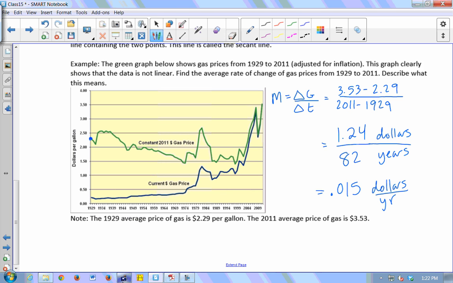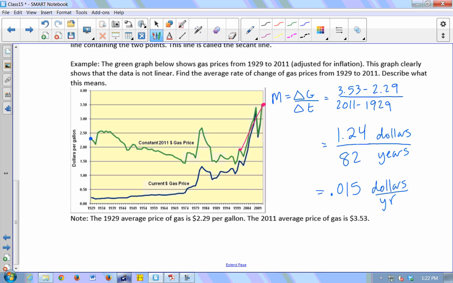Why is it way off? Larger amount of time, yeah. So it just happens that between 2000 and 2009, so if I mark these points here, 2000 is somewhere like here, and 2011 was where we went to. The slope between those 2 points is very steep, and that's where we got 15 cents per gallon per year.